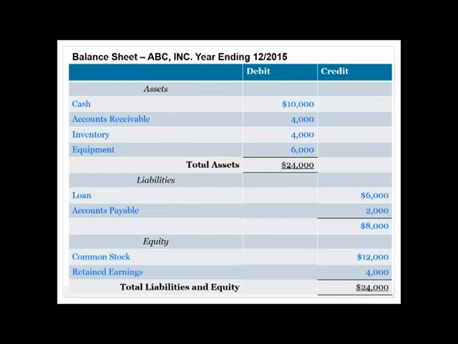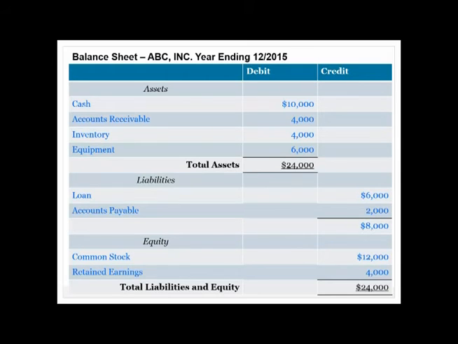We've got cash, accounts receivable, and inventory. Those would be considered current assets. Equipment is considered a fixed or a long-term asset, and those types of assets are items that you will expect to recognize a benefit from over a period of time.